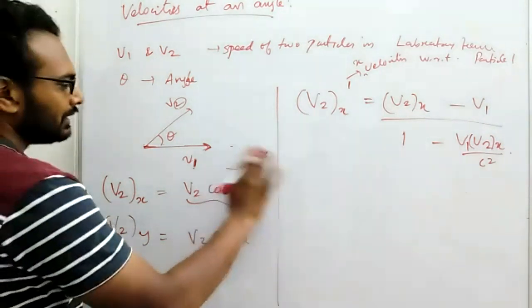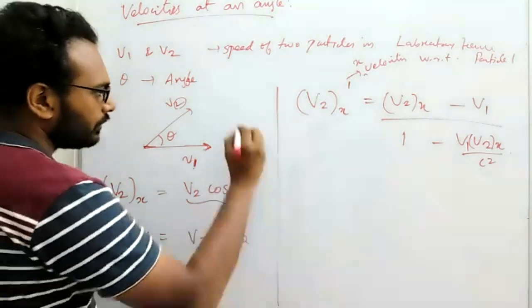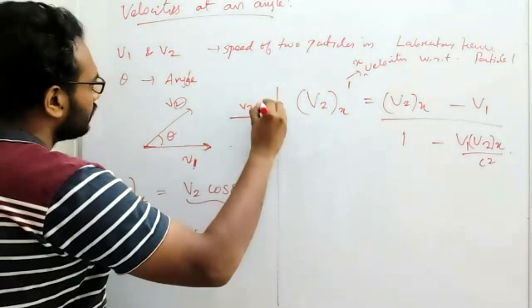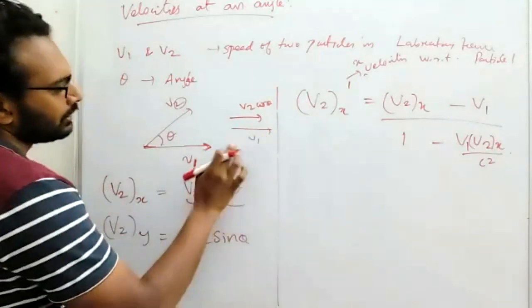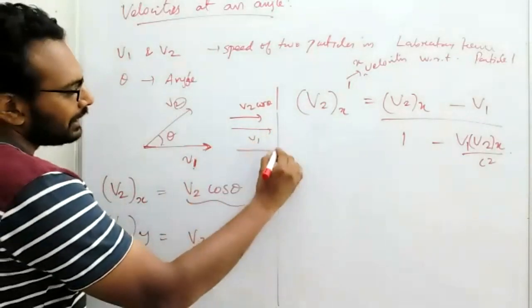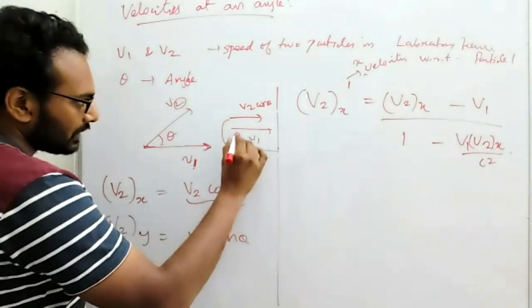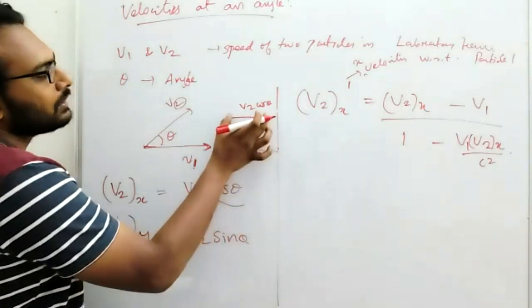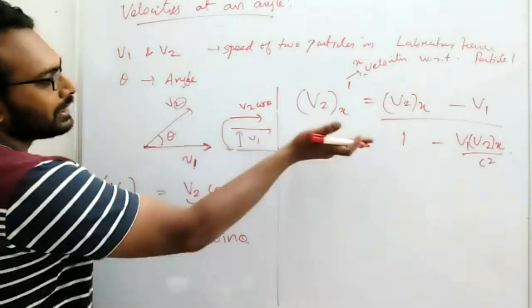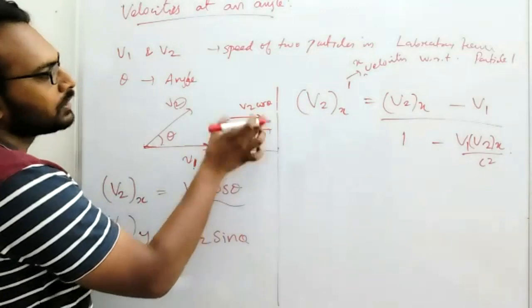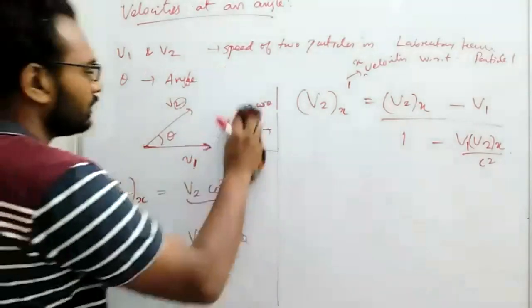You see that this is the direction of V2 cos theta, and this is the direction of V1. V2 cos theta is with respect to the ground, and V1 is with respect to the ground. So what would be this velocity with respect to this particle? You are already traveling parallel to it at a speed, so what you see would be a difference of these speeds. So that's a minus sign. Good.